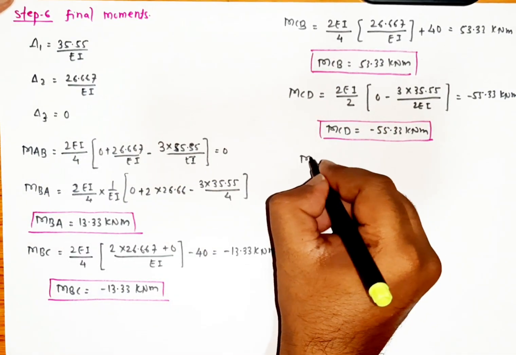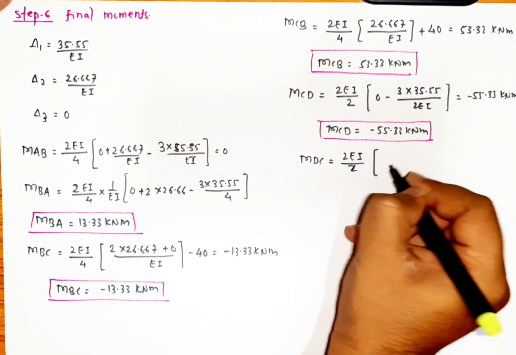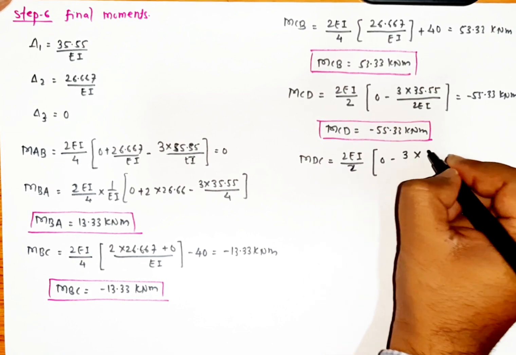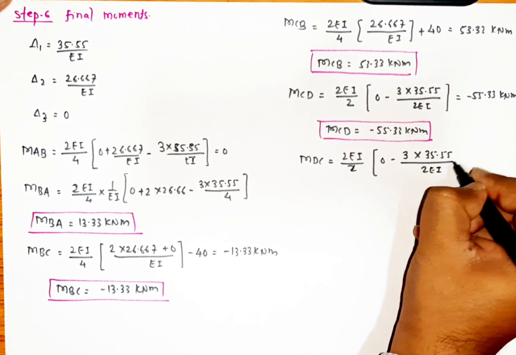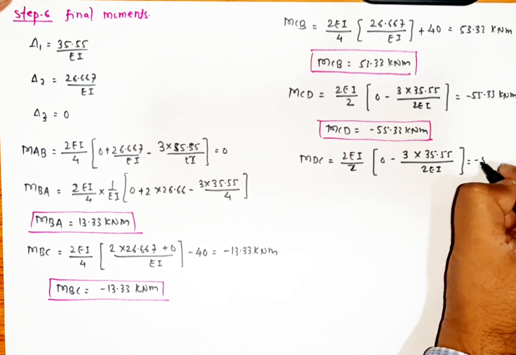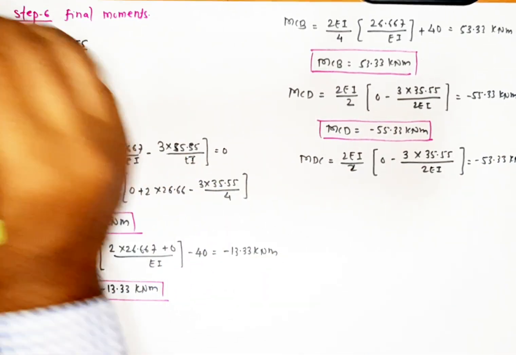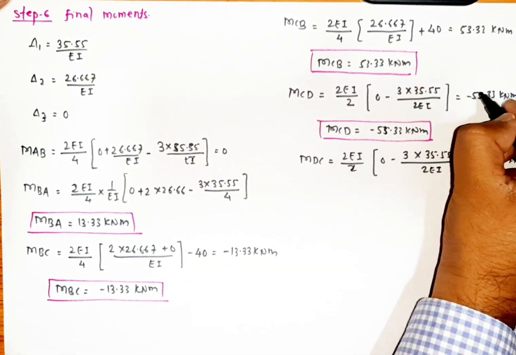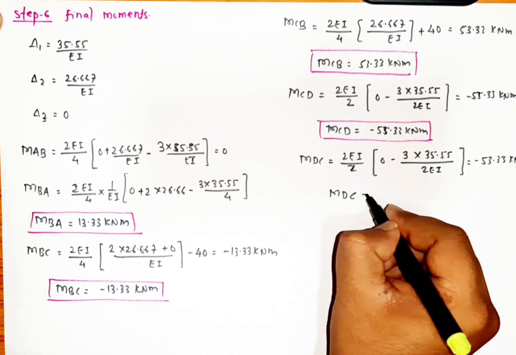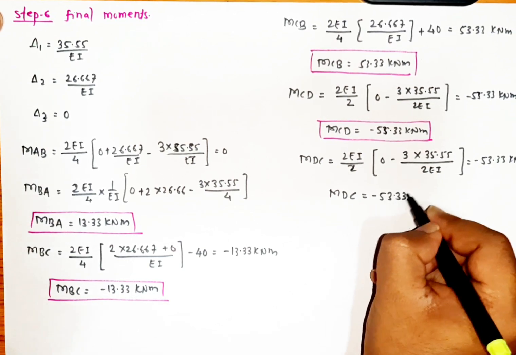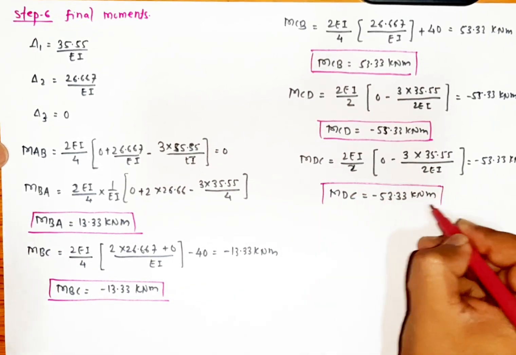Therefore MDC is equal to twice of EI divided by 2 into 0 minus 3 into delta, that is 35.55, divided by twice of EI is equal to again minus 53.33 kilonewton meter. Therefore MDC is equal to minus 53.33 kilonewton meter. So this is all about the final end moments for a sway frame.